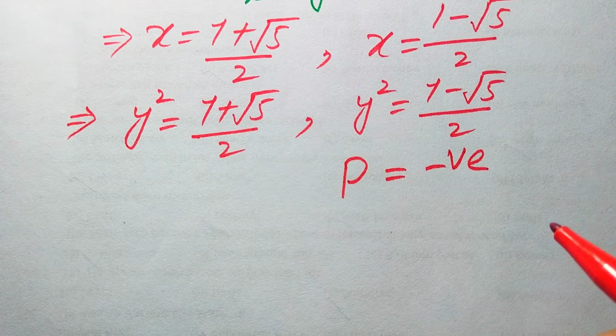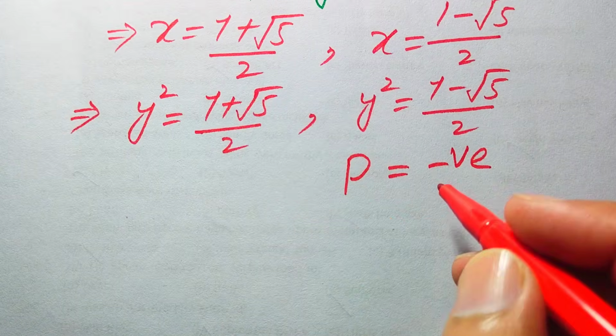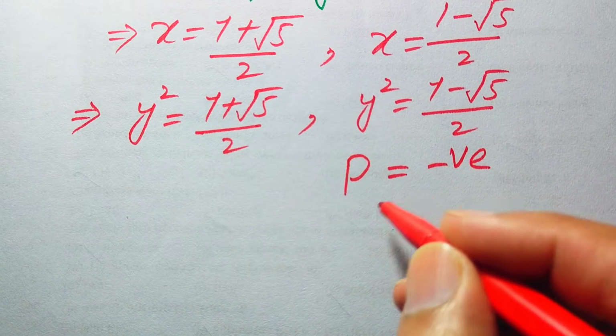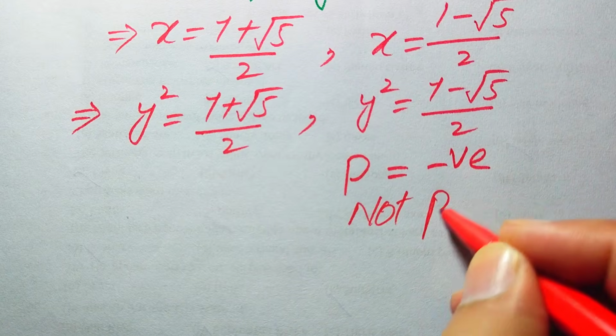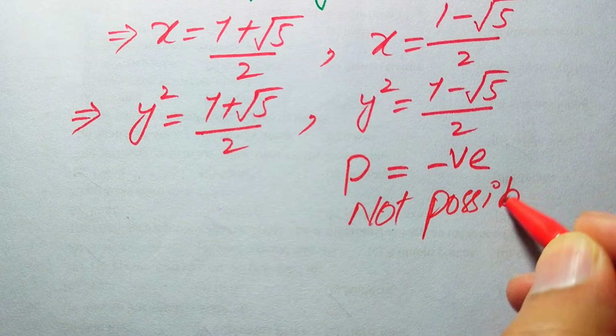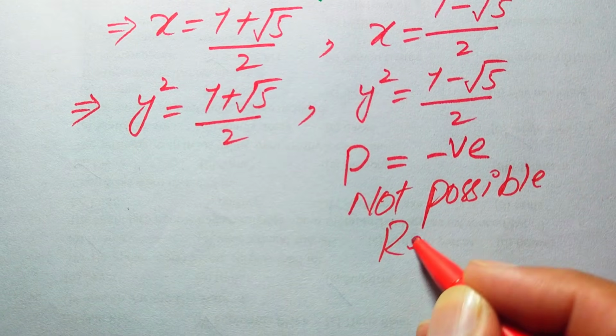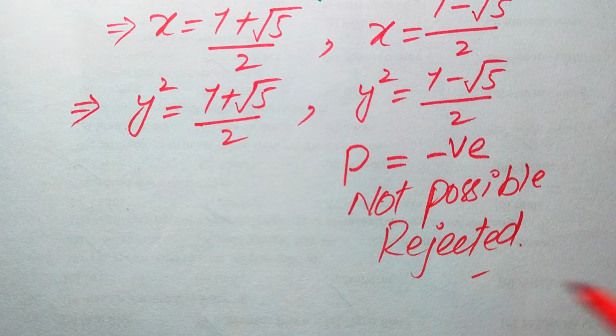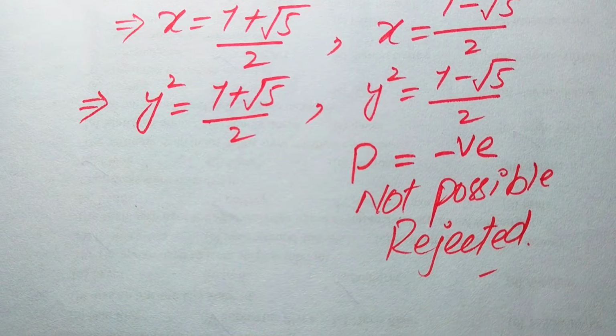It is not negative in any case. So if in this case the perpendicular side is negative, this means that it is not possible, so we reject this case and proceed with the other case only.